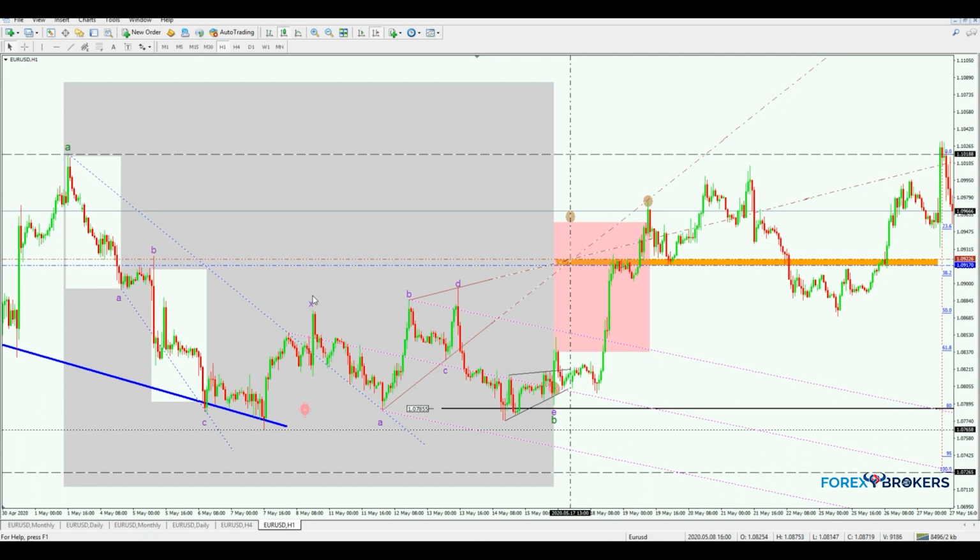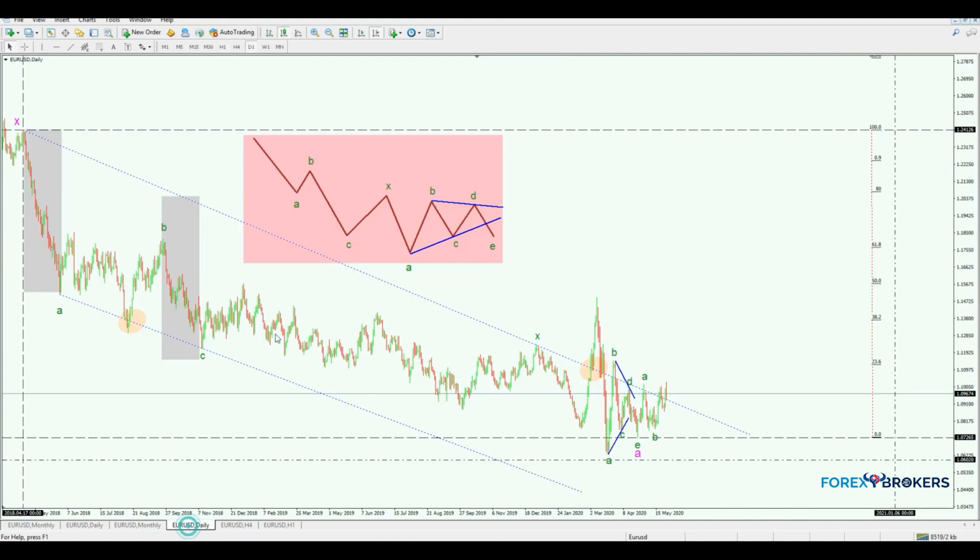But what's interesting here and difficult to assess is not the X wave and the channeling component, but the triangle at the end of a double combination. In this theoretical example, the triangle is obvious: A, B, C, D, E. But in reality, all the legs of a contracting triangle are corrective waves as well.